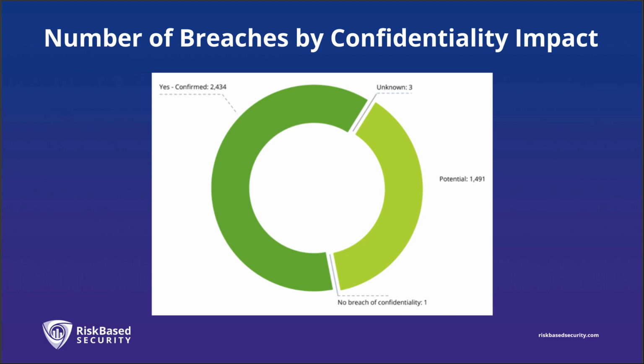That's a potential exposure. The organization has lost control over the information, but there's no confirmation that it's in the hands of others who shouldn't have it, as opposed to confirmed exposure, which is going to be something like, hey, your credit cards are showing up on Joker Stash, or something along those lines.